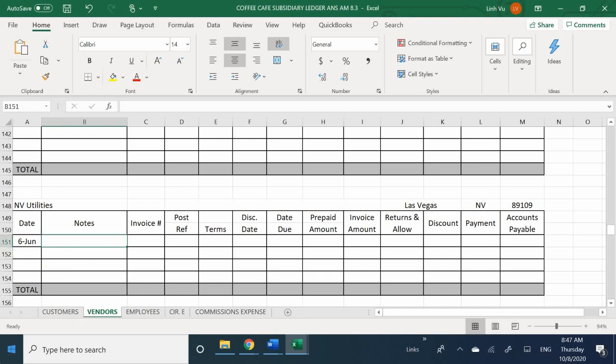Okay, so here, NV Utilities, I have my notes here. So I'm going to go ahead and write my notes as electricity. And I know that it's check, I wrote it for check number 1504, electricity. Invoice number. Did I receive an invoice number from NV Utilities?